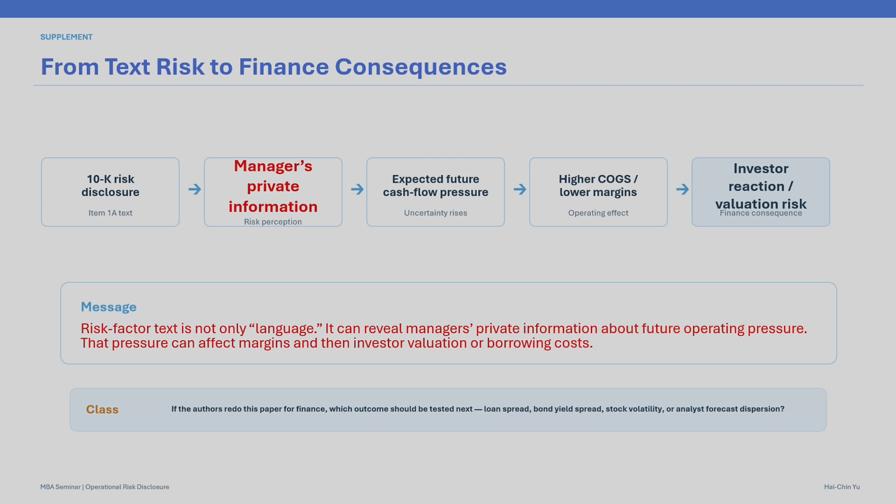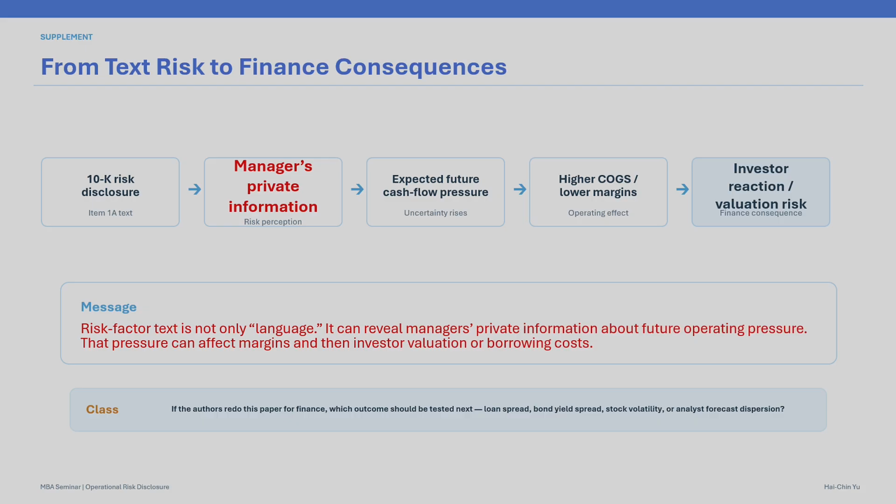So this is the manager's private information. The manager can decide to disclose the high level risk measures or low level, depending on whether the cash flow pressure is coming or whether they will produce lower margin, impact the stock price or valuation, and so on. So if they find that this impact is not good, they will adjust it.